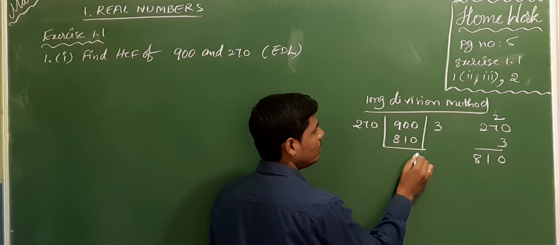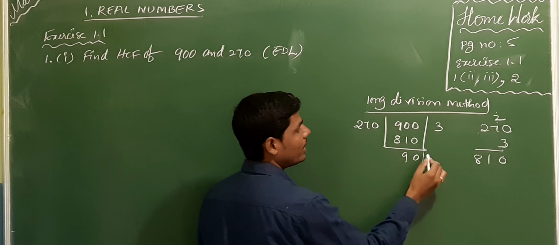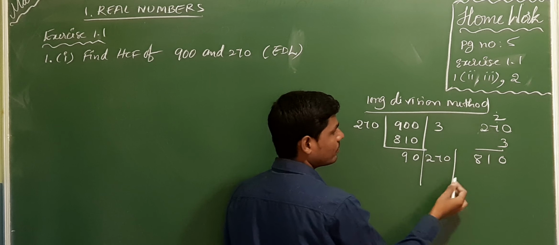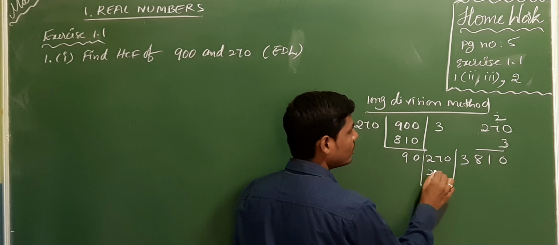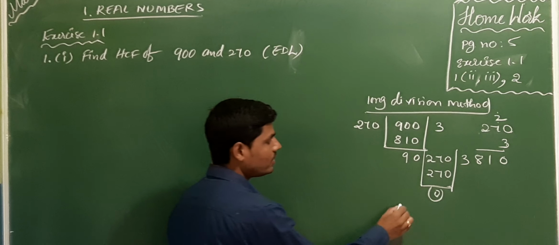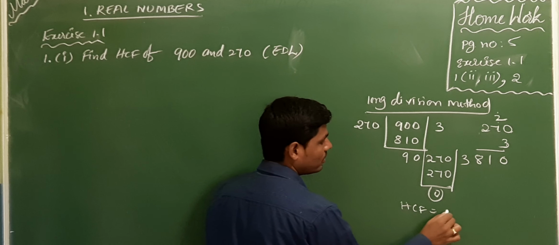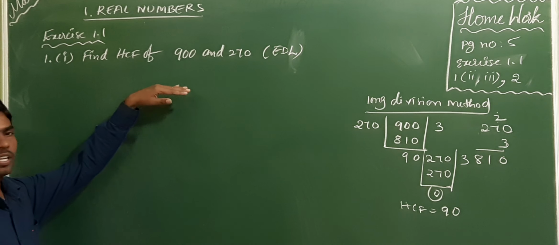If you subtract, you get 90, and next we drop the 0 here. In the 90 table, 90 times 3 is 270. See, you got remainder 0. HCF is 90.